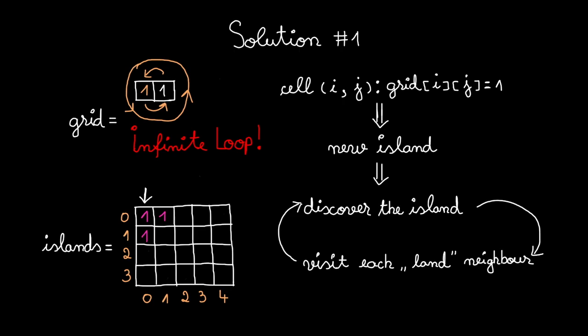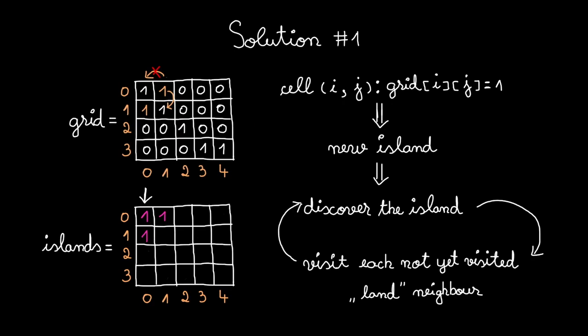We surely don't want that to happen, so we should visit each not yet visited land neighbor cell instead. This means that we only visit cell 1, 1 at this point and mark the cell as 1. Then, we continue this discovery from cell 1, 0.